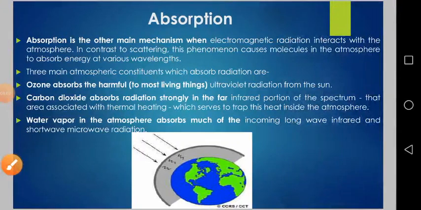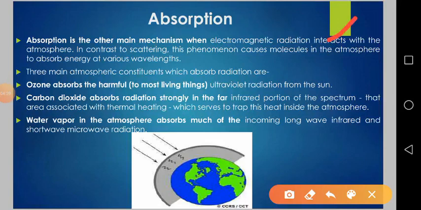Now the absorption. Absorption is the main mechanism when the electromagnetic radiation interacts with the atmosphere. Here the gaseous molecules present in the atmosphere can absorb the energy at various wavelengths. There are three major atmospheric constituents which can absorb the radiation, namely ozone, carbon dioxide and water vapor.